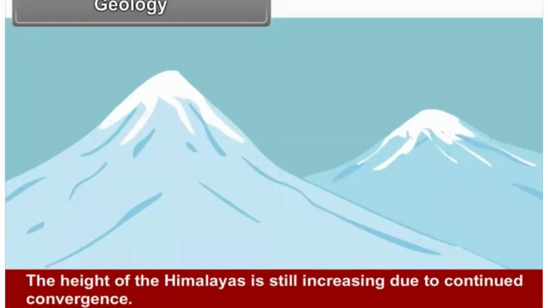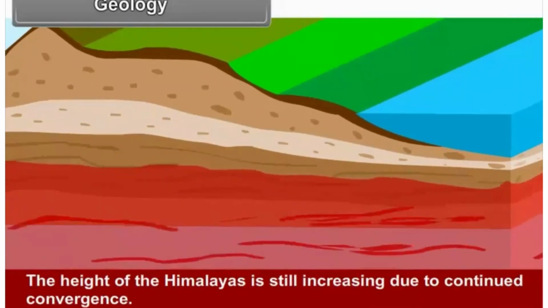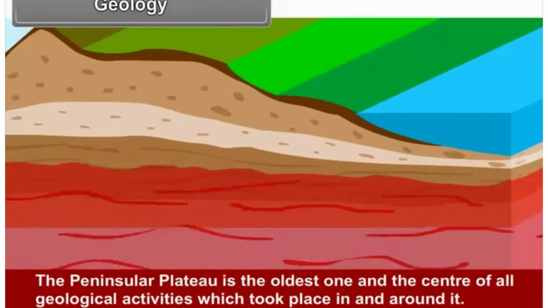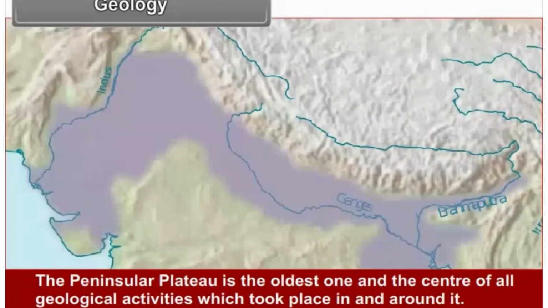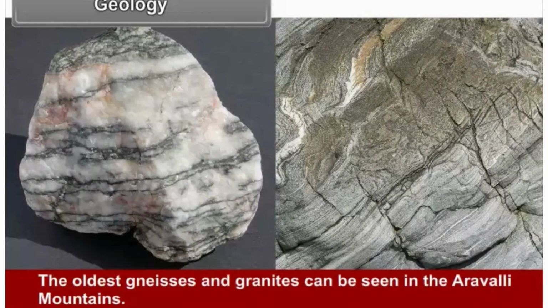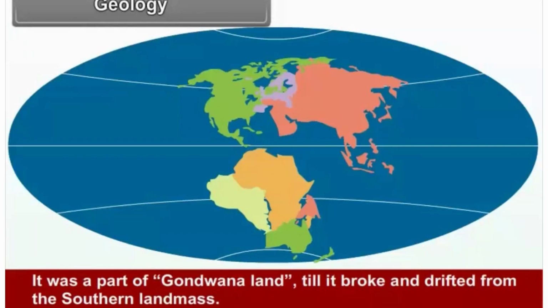The height of the Himalayas is still increasing due to continued convergence. The peninsular plateau is the oldest one and the center of all geological activities which took place in and around it. The oldest gneiss and granites can be seen in the Aravalli Mountains. It was a part of Gondwanaland till it broke and drifted from the southern landmasses.